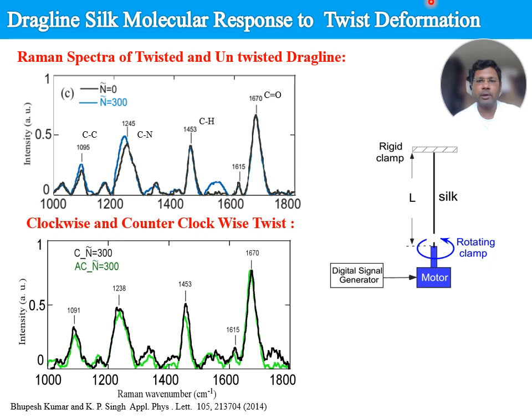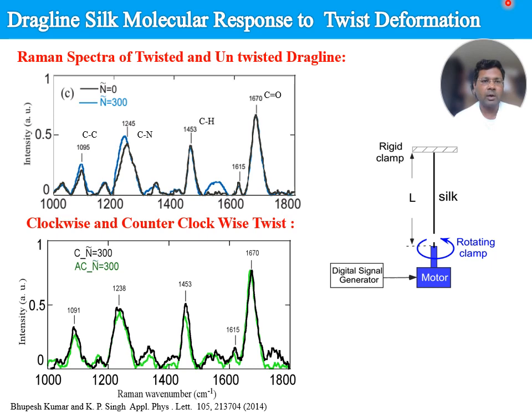This was probably due to the fact that the carbonyl group and the side chain are oriented perpendicular to the fiber axis. Also the peak at 1453, which is assigned to carbon hydrogen bond, due to the orientation of glycine and alanine residue in beta sheet, is also unaffected by the twist strain.